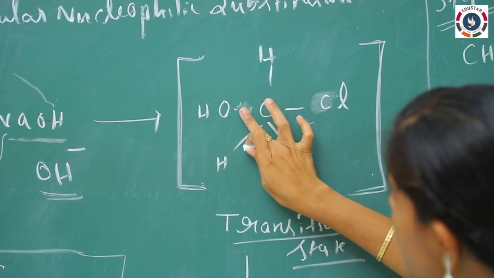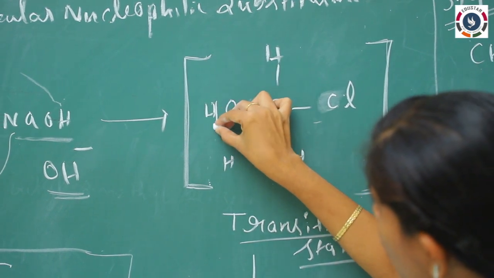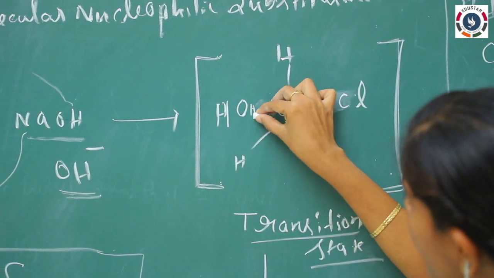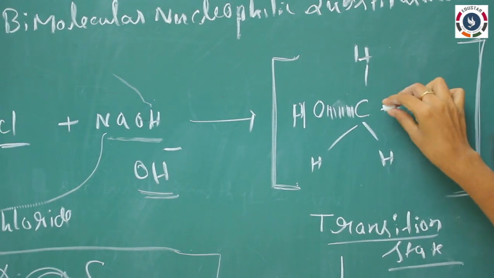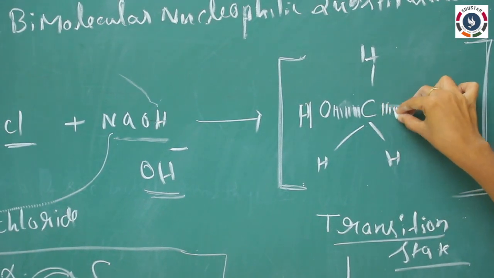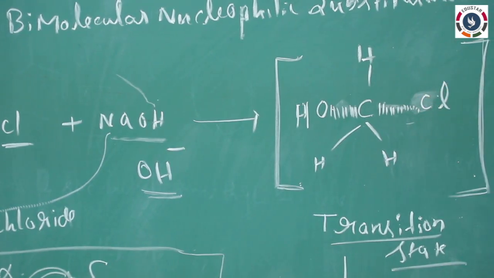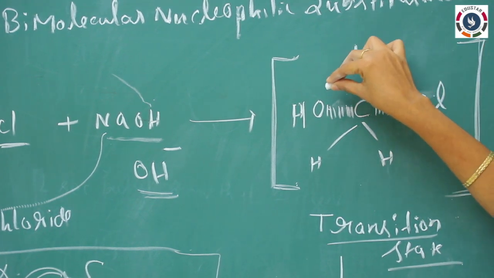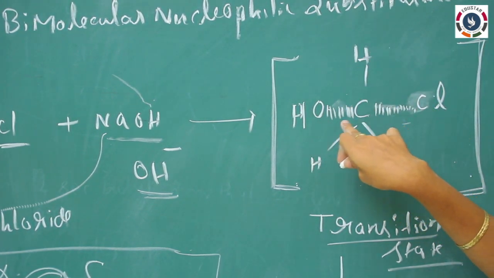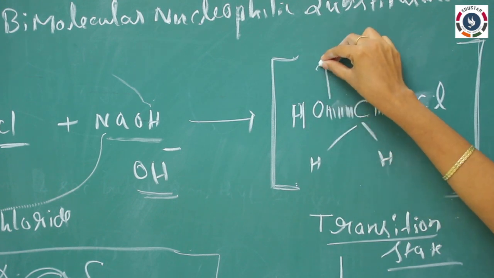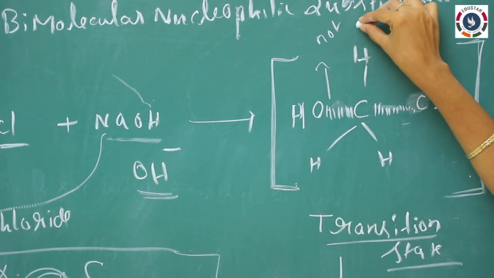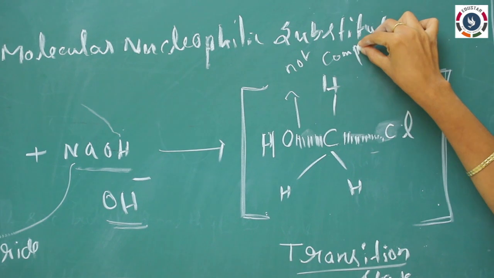Here you can see the bond formed between the carbon and the OH; you have to draw it like a dotted structure. That means the bond between the carbon and the OH is not completely formed. What is the meaning? Not completely formed.